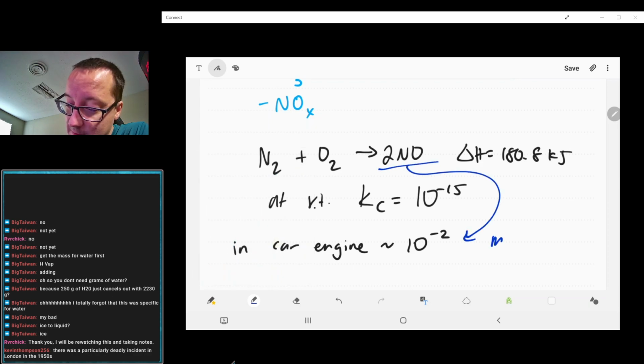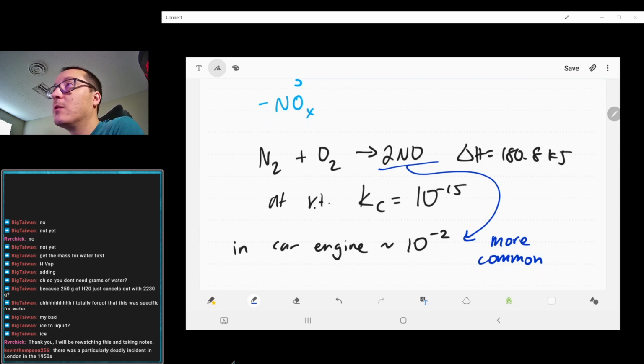So this happens, of course, much more commonly at high temperatures in your car engine. As we can see, it's endothermic, so the higher the temperature you go, the more you're going to push that equilibrium to the right, forcing more nitric oxide to be formed. So as a result, you end up increasing your value of K, your equilibrium constant.